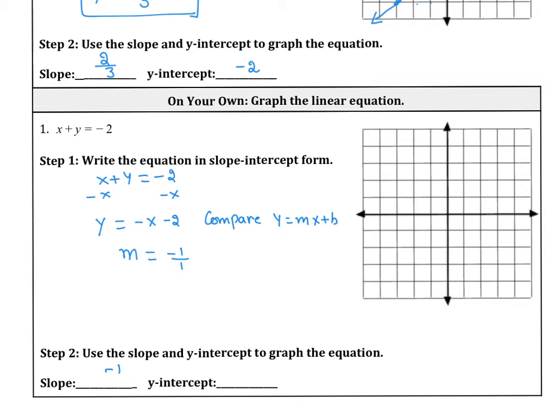So slope is negative 1 over 1 and y-intercept is negative 2. So the graph of the line y equals negative x minus 2 will start from the y-intercept, so that's negative 2. And it's going to go down 1 over 1, down 1 over 1, down 1 over 1, and then you're going to get a line graph.